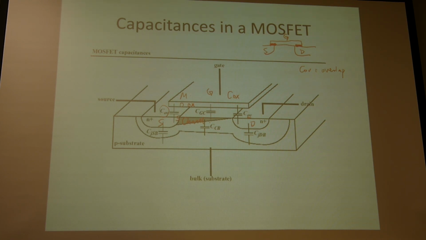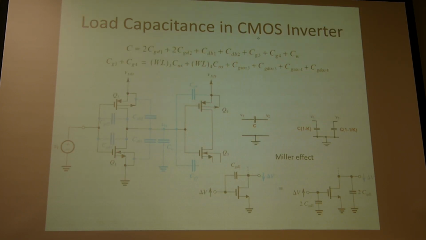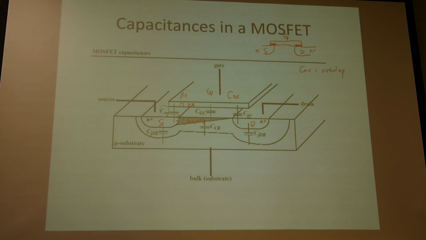You cannot avoid this, because when you dope the source and the drain with, for example, N+ doping, you have those dopants. But during the fabrication, the temperature is very high, like 1,000 degrees Celsius. Then the dopant will diffuse into the channel. So the source and drain region will be a little larger, and then you will have an overlap region. So this overlap region will give you COV.